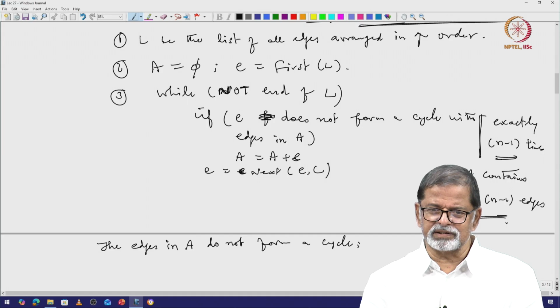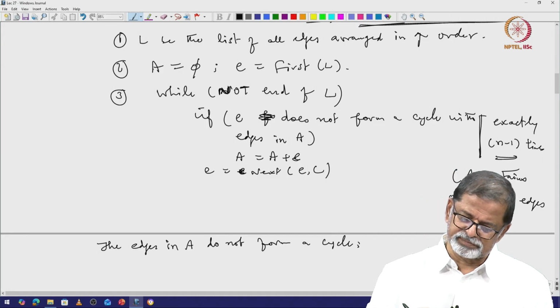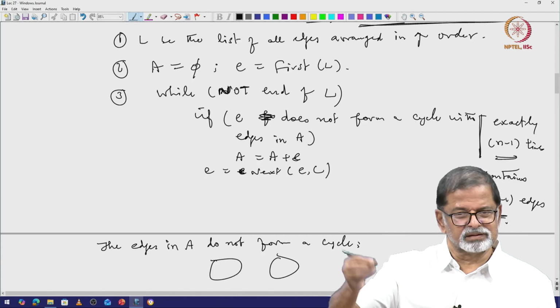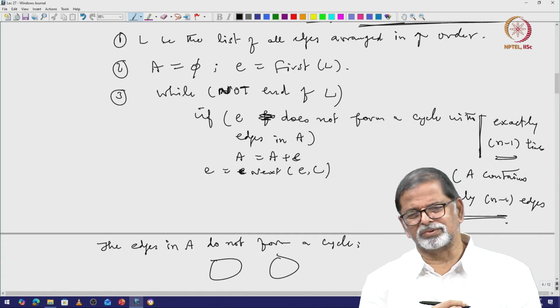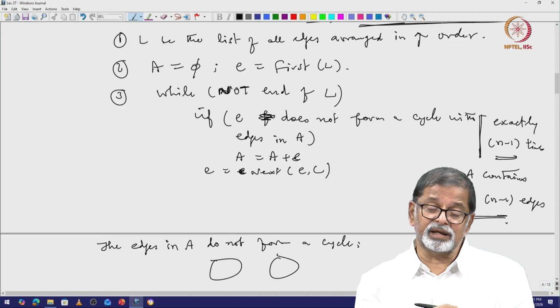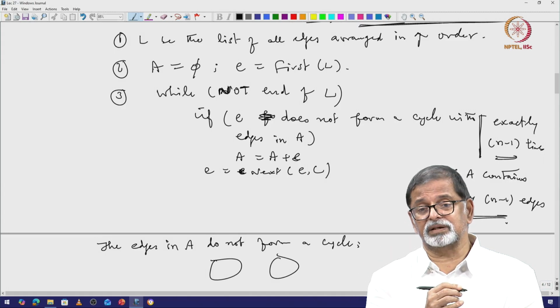Suppose it is disconnected. So, I have several connected components, consider any two connected components. The original graph is connected.